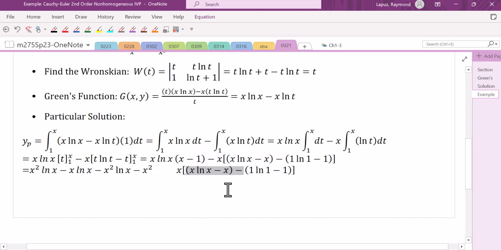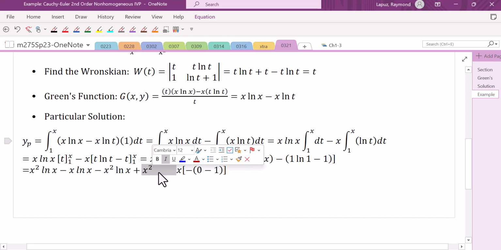Oh, but there's a negative in front, so this negative plus a negative will become a positive. And now this is 0. And then we just have a negative in front, that's the negative in front here, and then another negative, and then another negative. So that's 3 negatives. That's going to end up being negative, and then it's just going to be x. So this whole thing will just be a minus x. And everything else is gone.